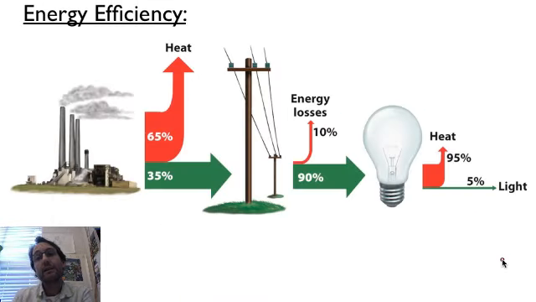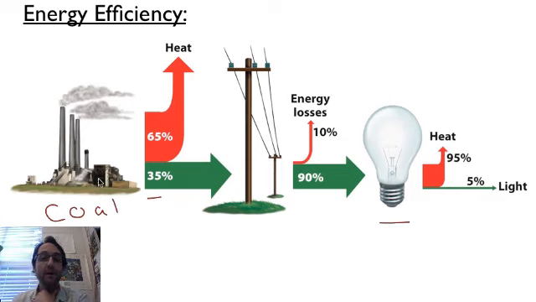We can also calculate the overall efficiency of a system if we look at the efficiency at each step of the conversion process of energy. So let's say, this is from your book, let's say we want to light up a room with an old-fashioned incandescent light bulb here. And our source of energy is coal. Now, coal has about 35% efficiency.